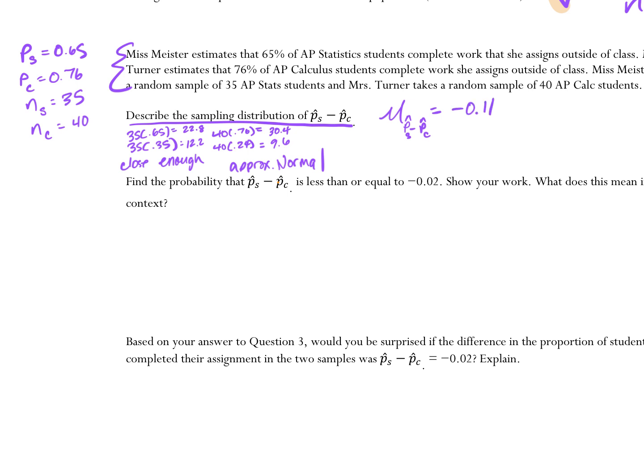Does that feel right? And we got that. Oh, technically, you should do this. Does it make sense to have a negative mean? Is that okay to have a mean that's negative? For a difference? Yeah, because the difference between two numbers can be negative.